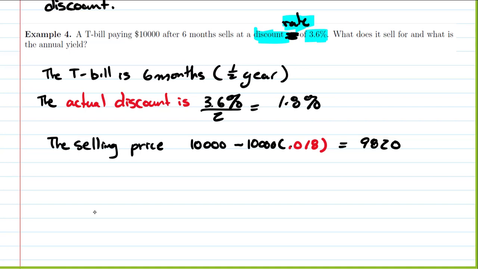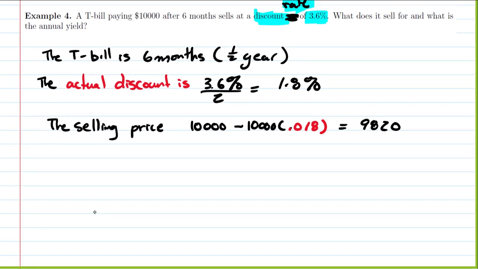And then, well, what would be the annual yield of that T-bill? Well, we could use our same formula. So the future value is equal to the present value times 1 plus R times T. And the reason we're using this formula is, remember, R is always the annual interest rate and T is time.